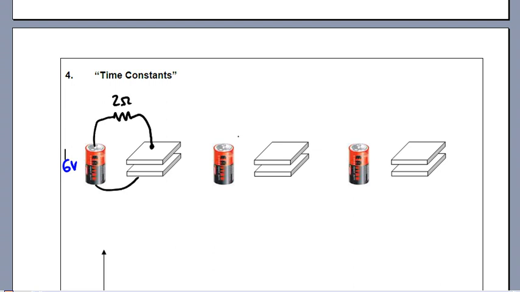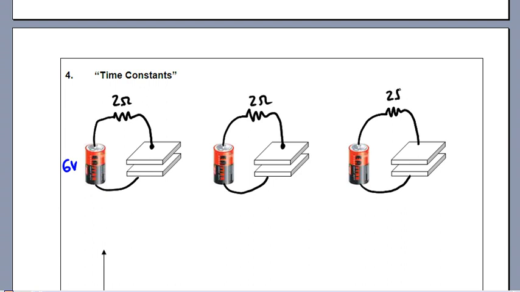Okay, and so we're going to watch what happens. Here's the same story, just being operated over and over again. Two ohms for safety. Gotta put something in there so it doesn't charge up too fast.